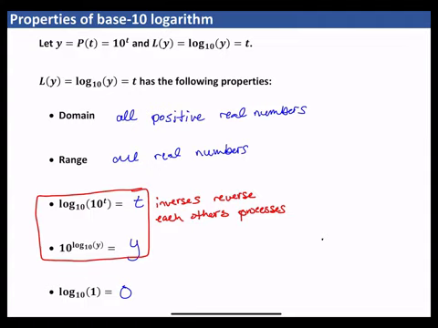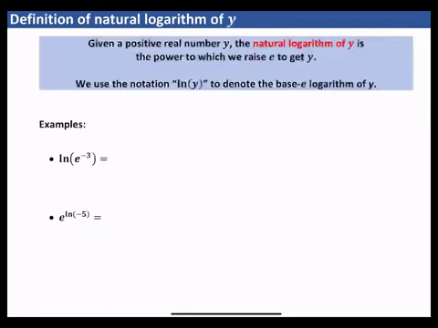So here's the formal definition of the natural logarithm. Given a positive real number y, the natural logarithm of y is the power to which we raise e to get y. We use the notation natural log of y to denote the natural logarithm of y. We can think of the natural logarithm as the base e logarithm.